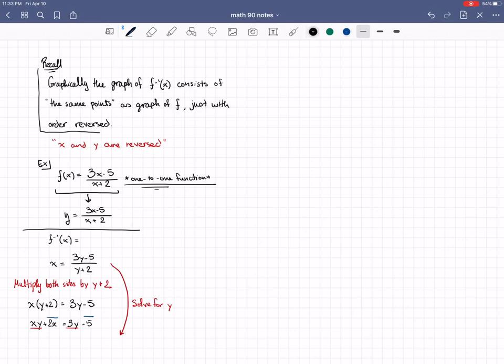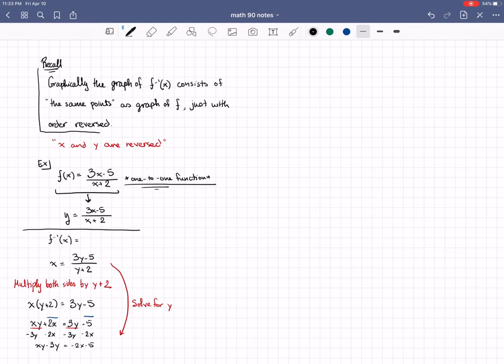Just for the sake of argument, I'll put the y terms all on the left and all the x terms on the right. So what that gets me is xy minus 3y is equal to negative 2x minus 5.